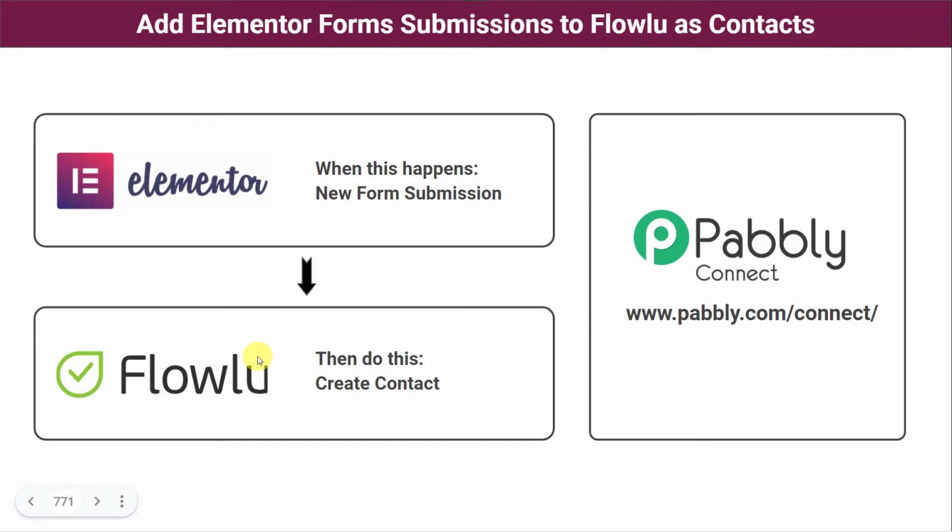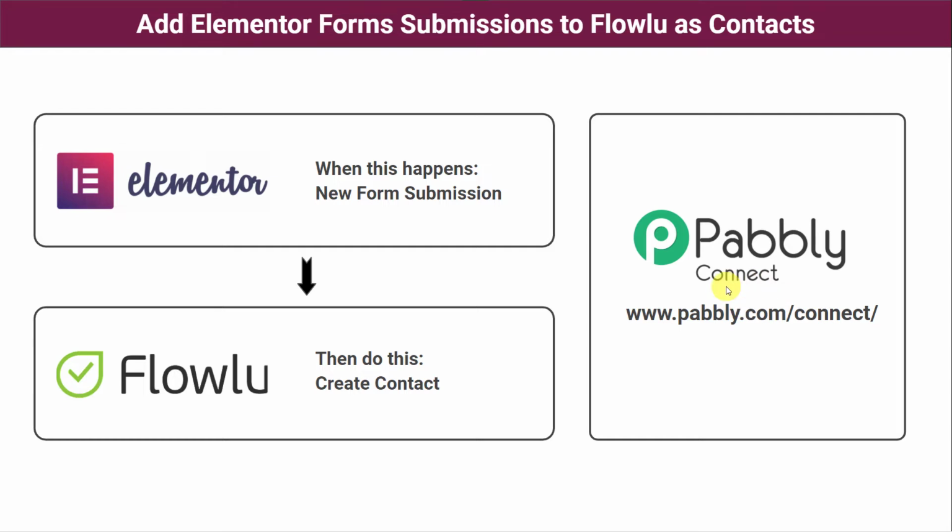So in order to create an integration between Elementor form and Flowlu, we are going to use a software application named Pabbly Connect. Basically, Pabbly Connect is an automation and integration software which will help us in integrating both these software applications automatically. The best part here is it doesn't require any coding skills or programming knowledge. Even a non-technical person can use this software application very easily.